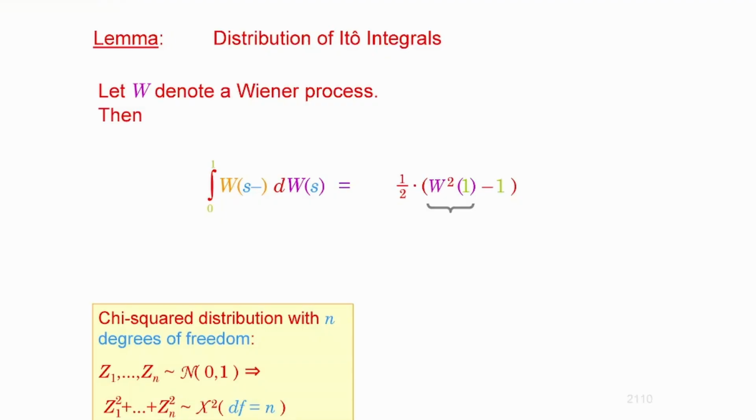Its square is going to follow the chi-square distribution with 1 degree of freedom, because you only have one squared standard normal random variable.